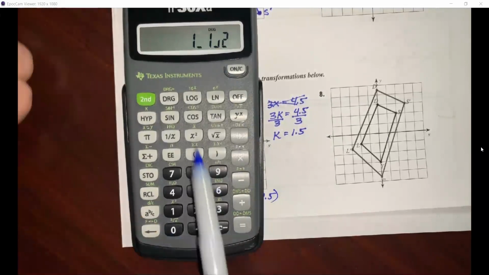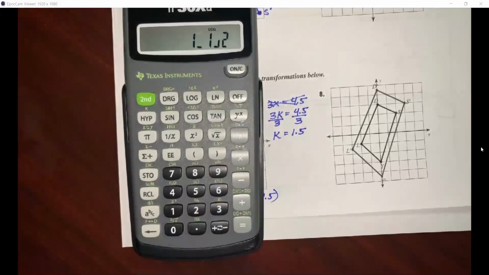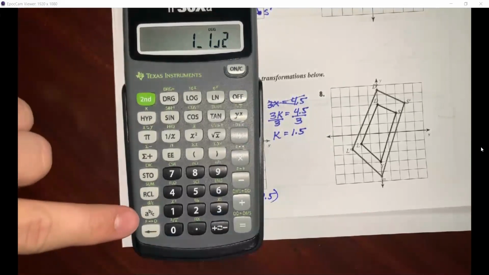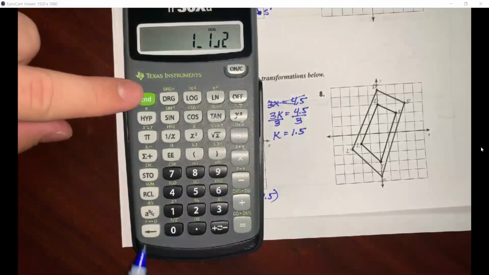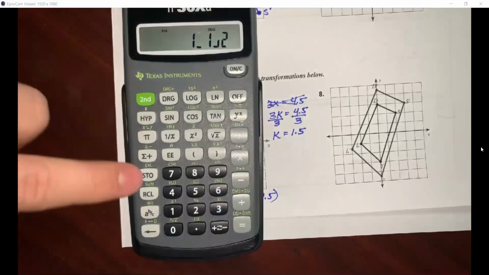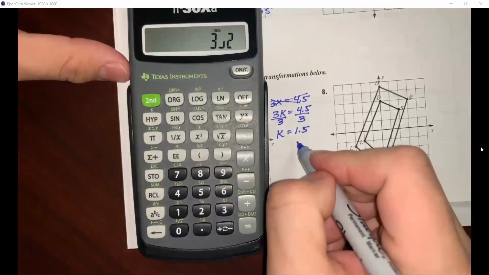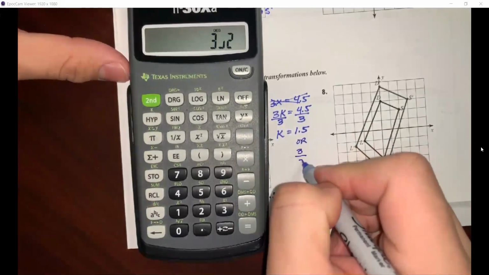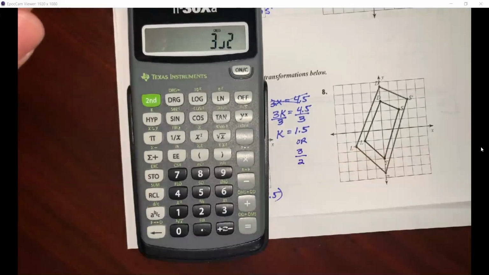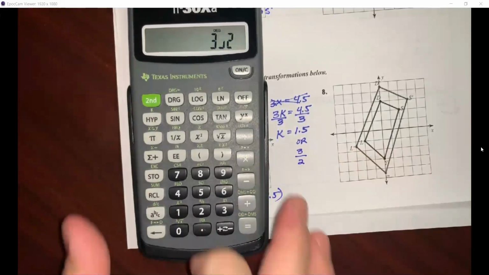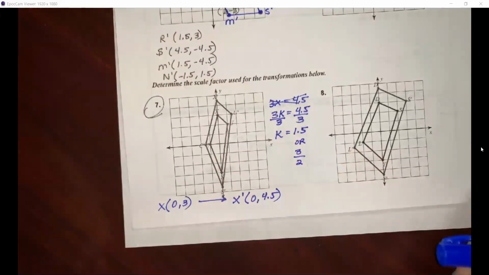So 1.5 is 1 1/2, right? But sometimes they want the other version of the fraction. So you just press second and then that, and it's 3/2. So K is equal to 1.5 or 3/2. All right. So that's just a little calculator trick to help you get by.